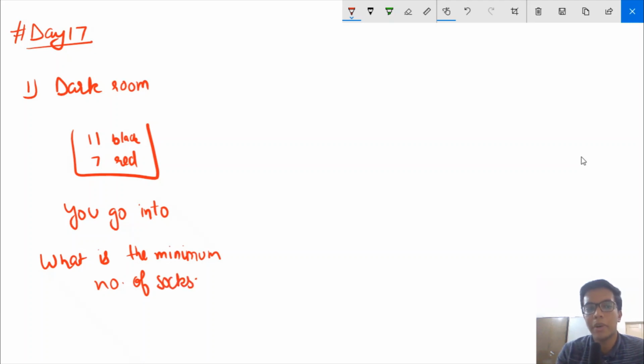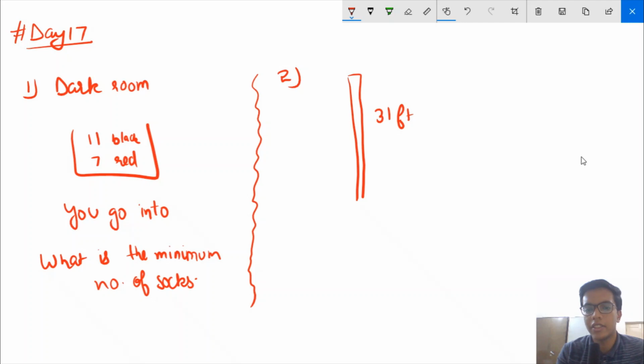ठीक है. Second part of the day 17 is, there is a pole whose height is 31 feet, and there's a snail over it.